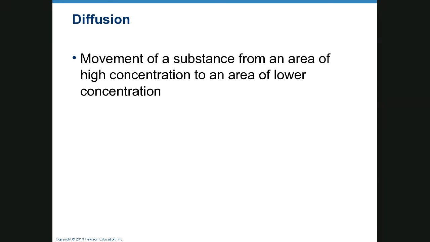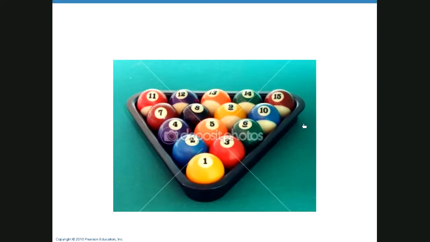Okay, passive processes again. Diffusion is a movement of a substance from an area of high concentration to an area of low concentration. Now, if you look at these billiard balls here, they're held up by this rack. And they are in perpetual motion.